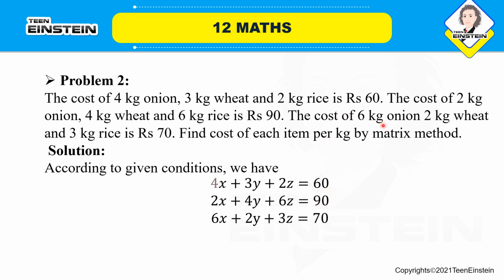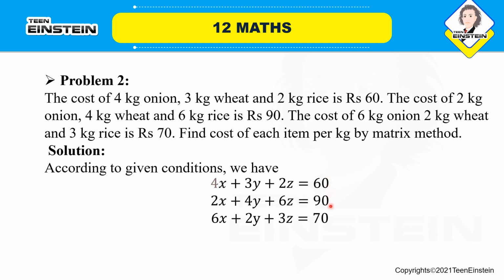Next, cost of 6 kg onion and 2 kg wheat: 6x plus 2y and 3 kg rice plus 3z equal to, the total amount is 70 rupees. So this is the system of linear equations: 4x plus 3y plus 2z equal to 60, 2x plus 4y plus 6z equal to 90, 6x plus 2y plus 3z equal to 70.